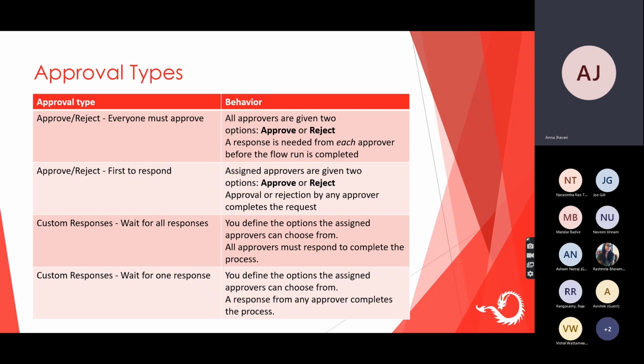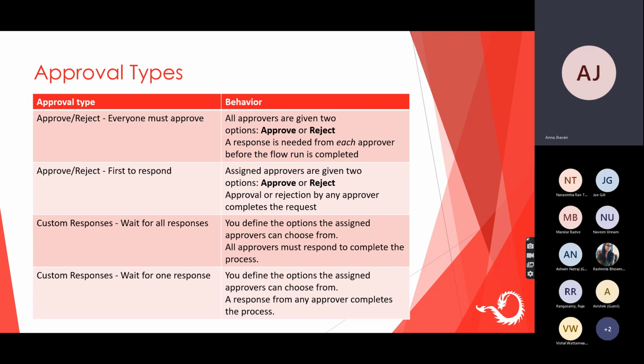Here, whenever an approver gets a request, they'll get 2 options to select, approve or reject. And then each approver in the flow needs to complete that request. For example, if the approval request has 3 approvers, then all those 3 approvers have to provide their decision in the request.